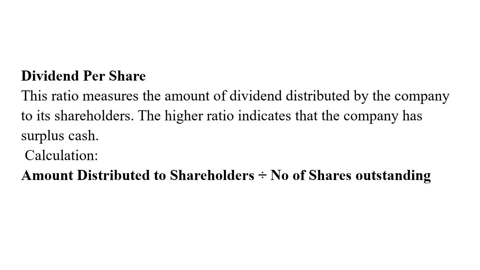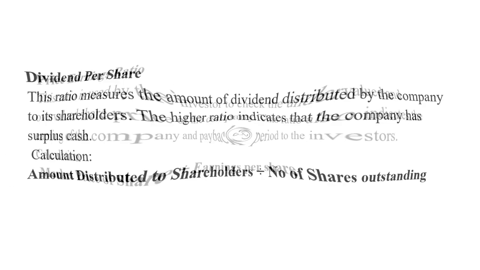Dividend per share. This ratio measures the amount of dividend distributed by the company to the shareholders. The higher ratio indicates that the company has surplus cash. How is this calculated? Amount distributed to shareholders divided by number of shares outstanding.